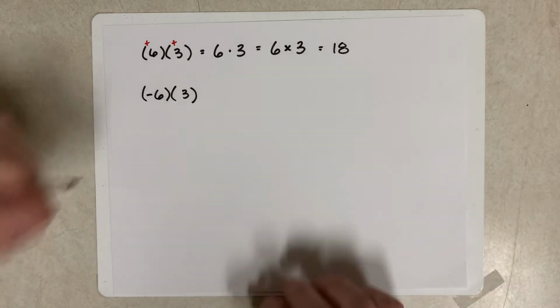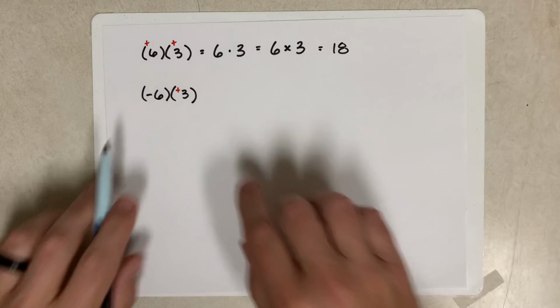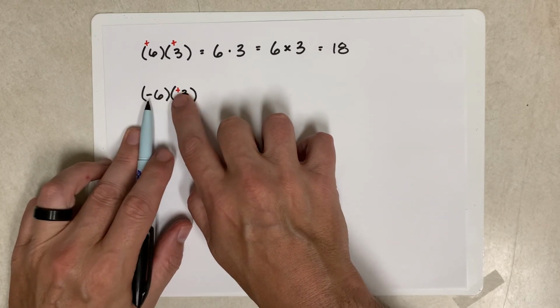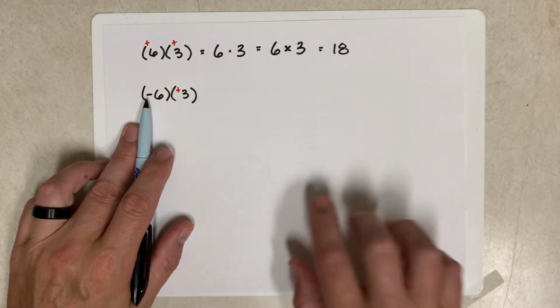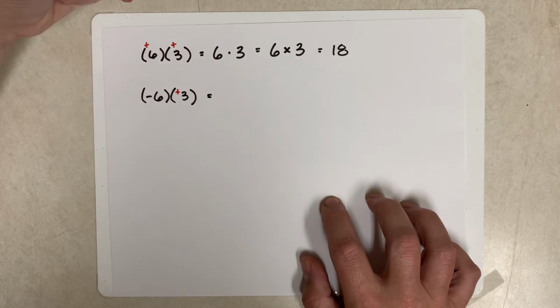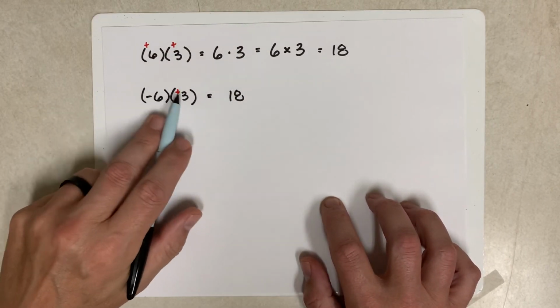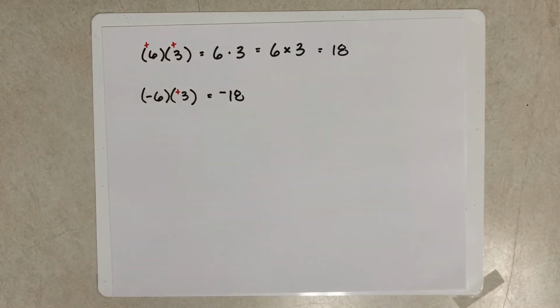So this time, the 3 is positive, but the 6 is negative. So when you have a negative and a positive, just like I said before with division, the negative is going to win with multiplication and division. So this time, you're still going to get 18, but because you have a negative and a positive, the negative is going to win, and it's going to be a negative 18.